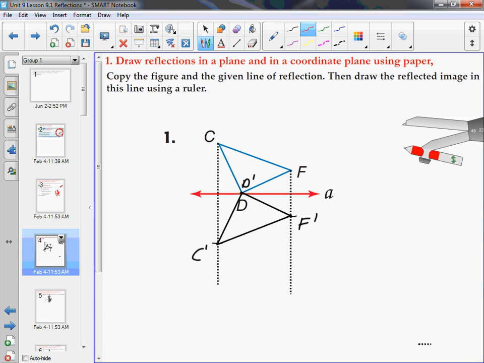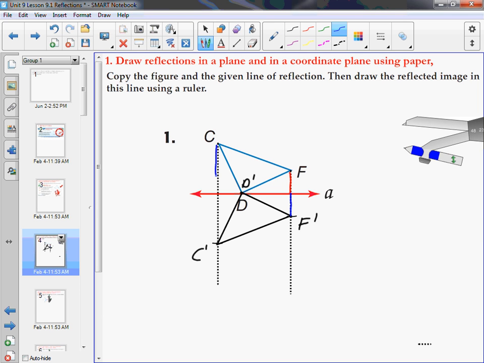The reflection is done. So don't write this on your reflection. But you need to know this segment right here and this segment right here are congruent to each other, aren't they? Because F and F prime are the same distance away from the line of reflection. They must be.